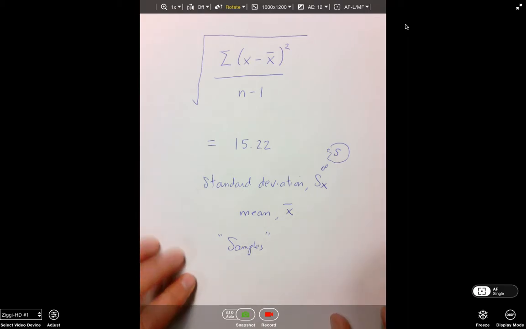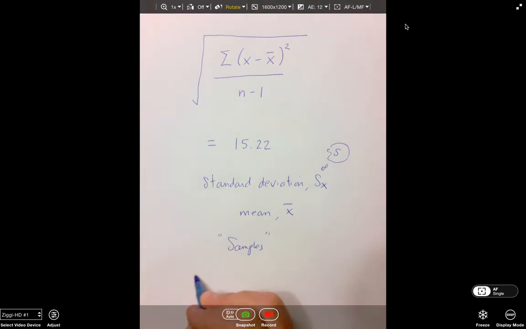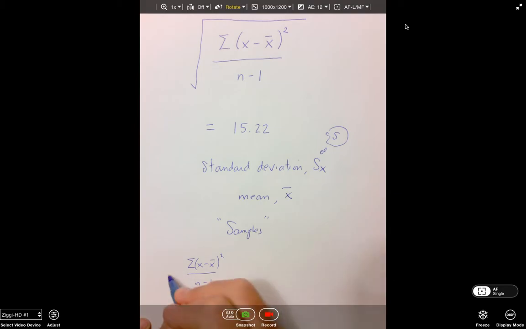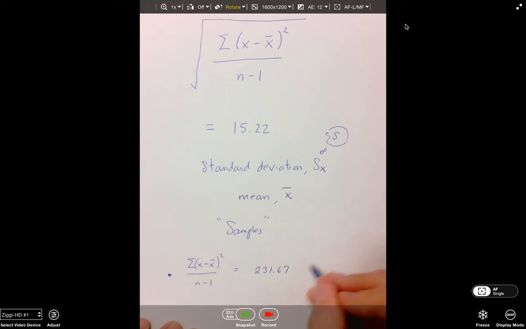So one more thing. If we take away the square root and just look at the sum of the x's minus x bar squared over n minus 1, and don't take the square root, notice here we got 231.67.